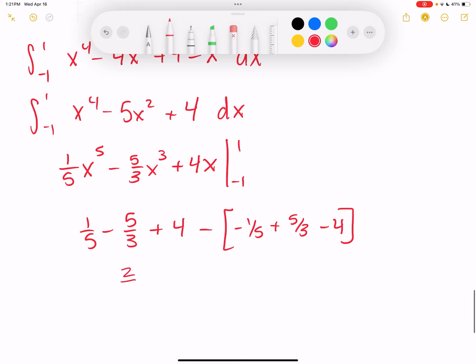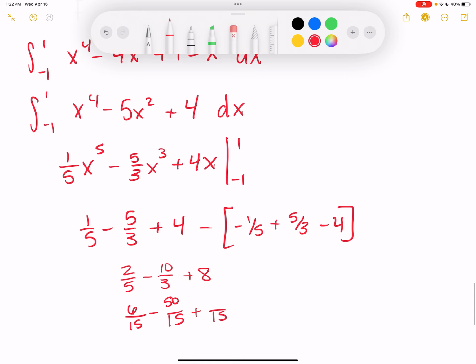So I have 2/5 minus 10/3 plus 8. So I end up with 176 over 15.